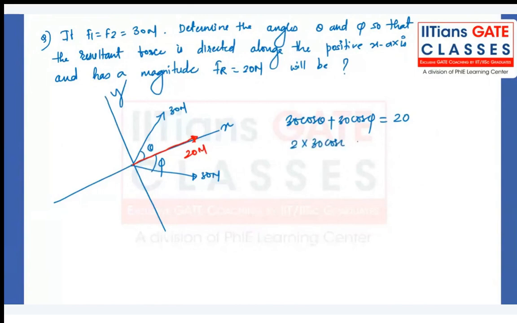So 30 cos of theta is equal to 10, cos of theta is equal to 1 by 3, and theta is equal to 70.5, I guess, around. Okay, just check 70 point something. And this is the final answer. And phi is also equal to theta.